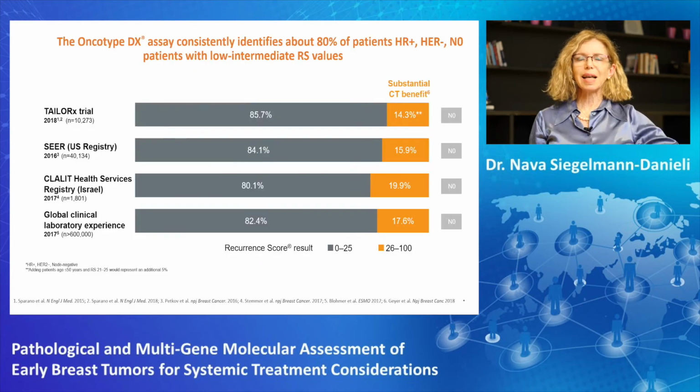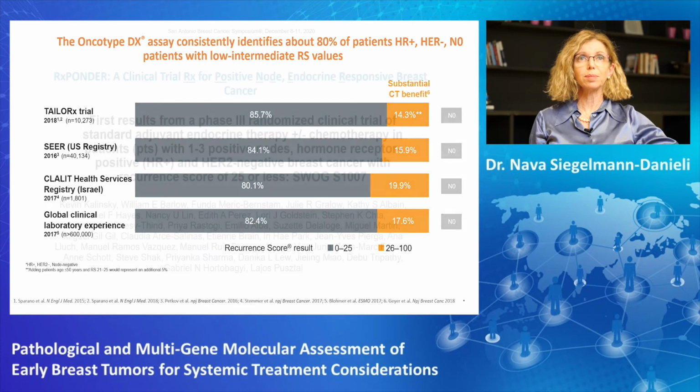And here is a summary from the large studies looking at node-negative patients. What they showed here is that 80% of the patients taking the Oncotype test will not need chemotherapy, and only about 15 to 20% will benefit from chemotherapy based on the study results.